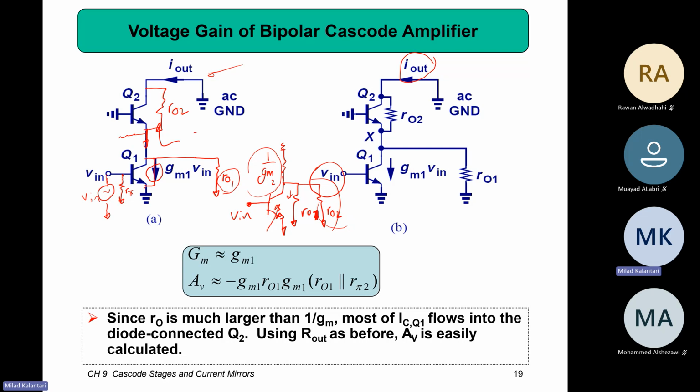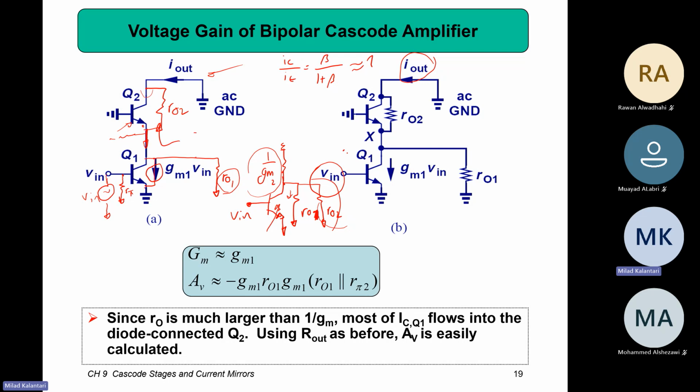There is, but the collector current of this device is the emitter current of the other device, and the emitter current is pretty much similar to the collector current. It's not exactly, IC over IE is like beta times 1 over beta, but this is pretty much around 1. So whatever this generates goes to the output.